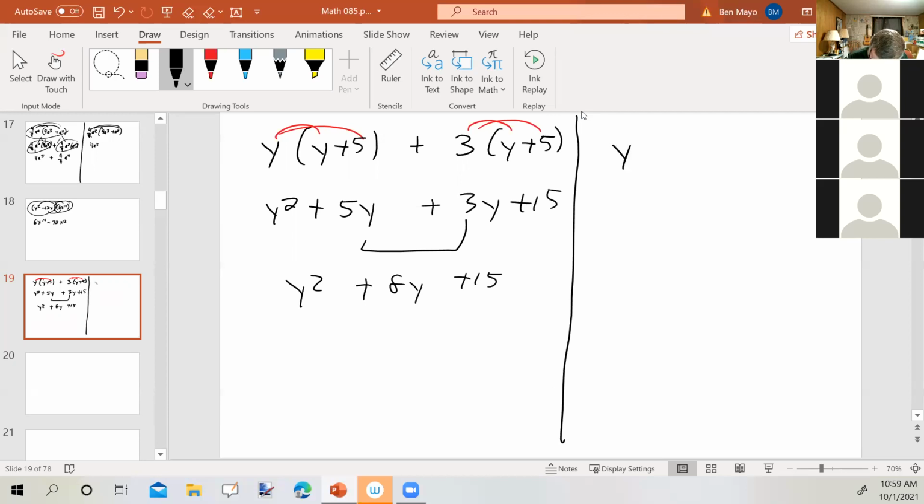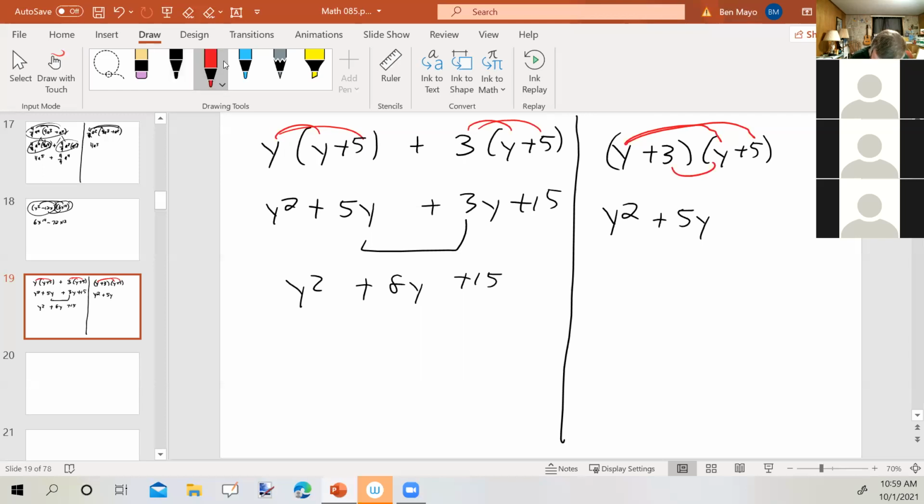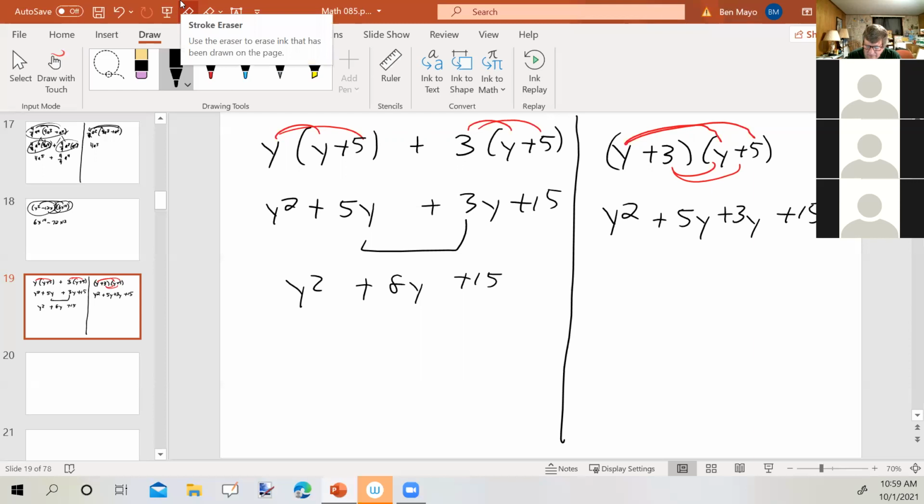All right, now let's say we've got y plus 3 times y plus 5. I'm going to do basically the same thing. I'm going to take y times y, which is y squared, y times 5, which is 5y, 3 times y, which is 3y, and 3 times 5, which is 15.